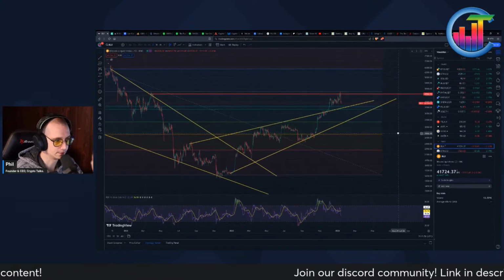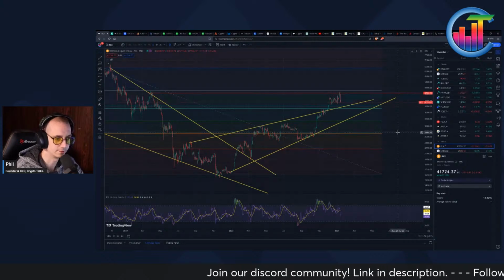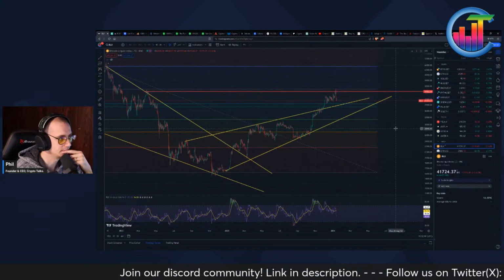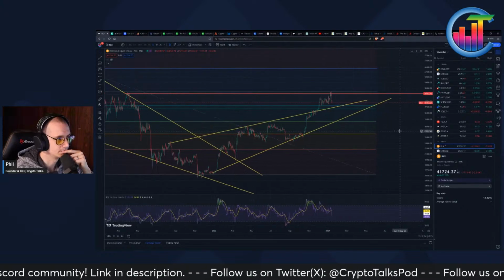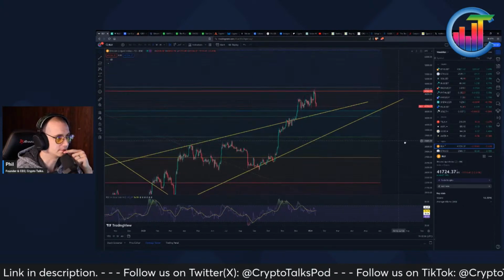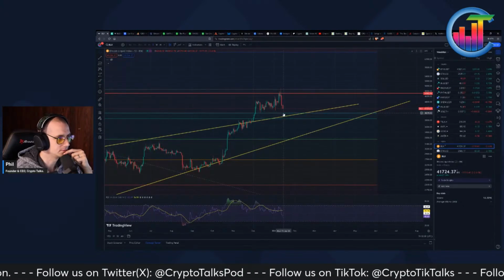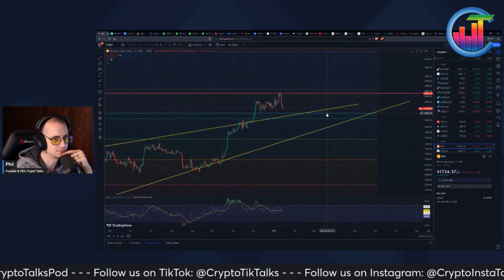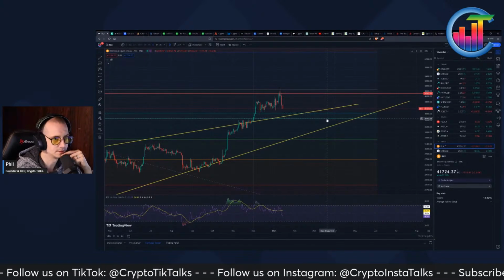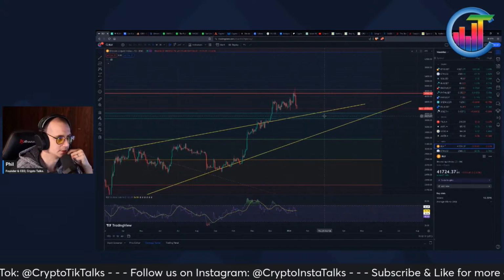So what I want to do here is talk about where we go if we do correct. Now that the TA is already done, the first thing we can see is the golden pocket, which is on the fib level here between 40,200 and 38,500.